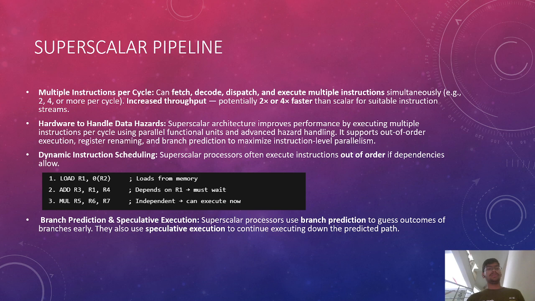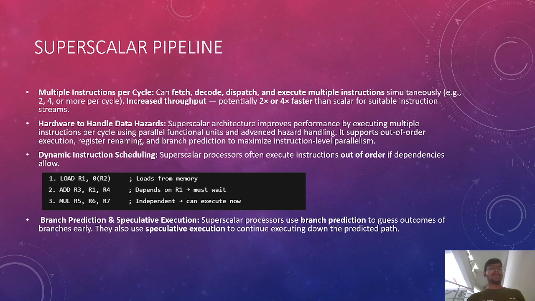It provides hardware to handle data hazards. Superscalar architecture improves performance by executing multiple instructions per cycle using parallel functional units and advanced hazard handling. It supports out-of-order execution, register renaming, and branch prediction to maximize instruction level parallelism. These are a few techniques used by superscalar pipeline hardware to increase efficiency.